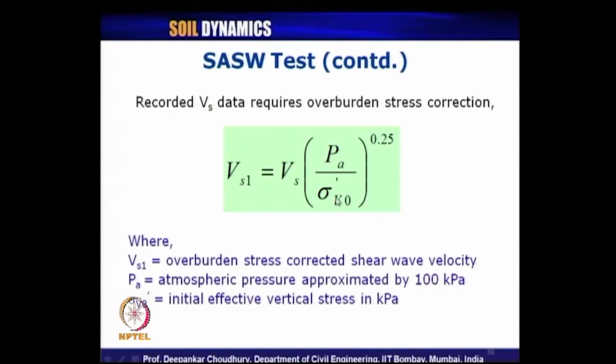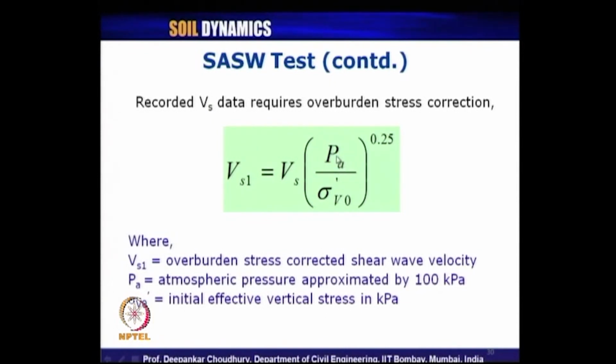Sigma V naught dash is nothing but the effective vertical stress at the point where you are measuring this Vs. So, suppose your raw Vs data you have measured at 25 meter depth below the ground, then the effective vertical stress at that 25 meter below the ground you need to compute, and the unit of that must be kPa if you use the unit for Pa as 100 kPa.